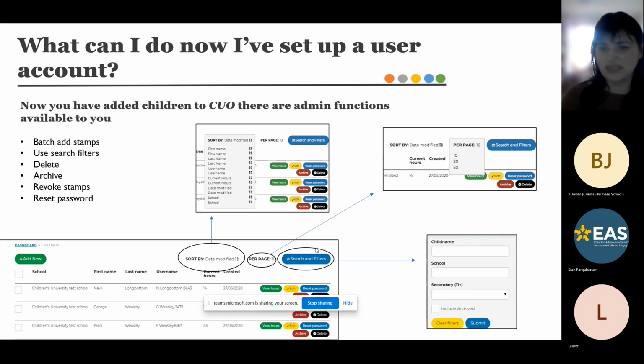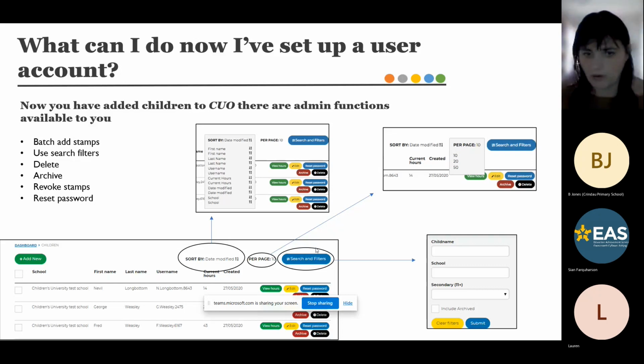And instead of giving all the children that stamp code, you might just want to quickly come onto this page, select the year group that attended, and you can just type in that stamp code once and it will go to all of those children's accounts, to a maximum of 50. So it's a really quick way of managing stamp codes and adding them to accounts from your dashboard.